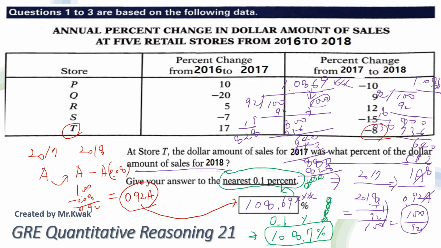You know what I mean? So we should be careful, and don't forget that we need to slowly read the parenthesis or underlined word or phrase or sentence carefully, because they are giving us very important information. So the answer right now is 108.7%.